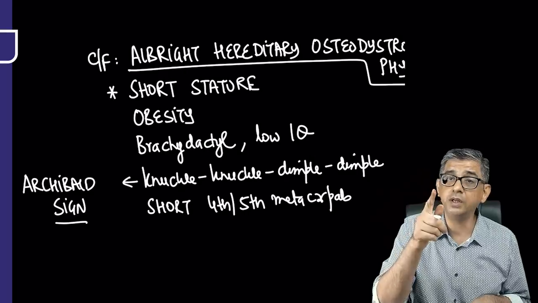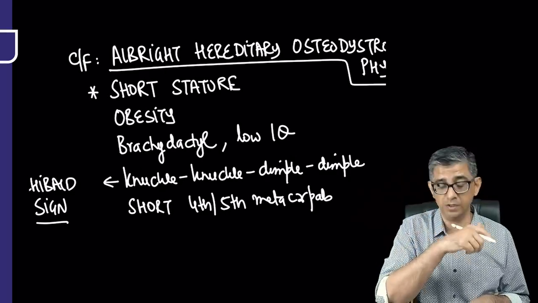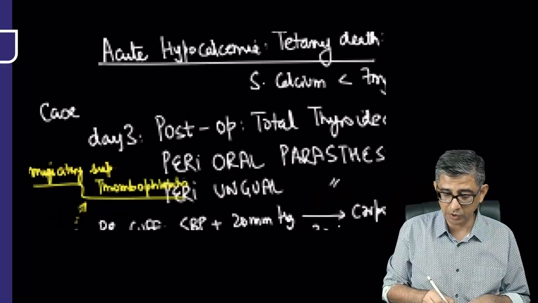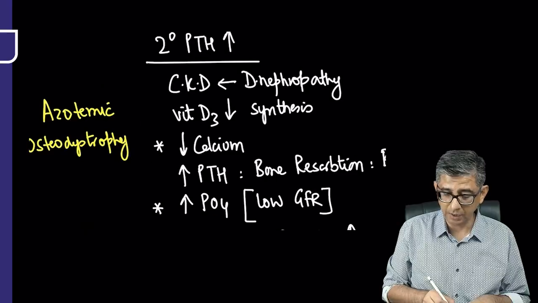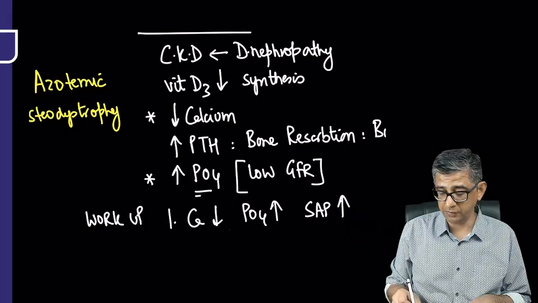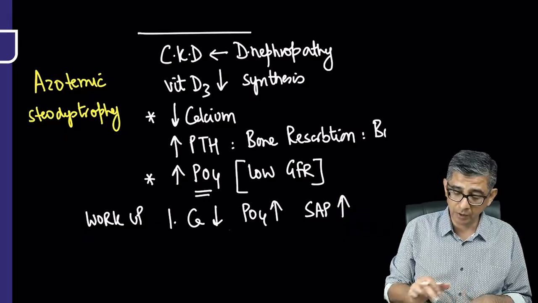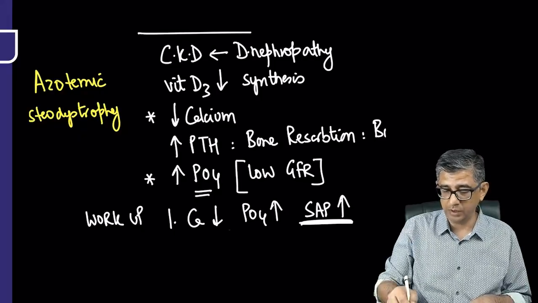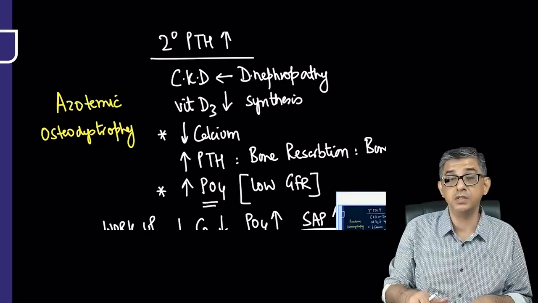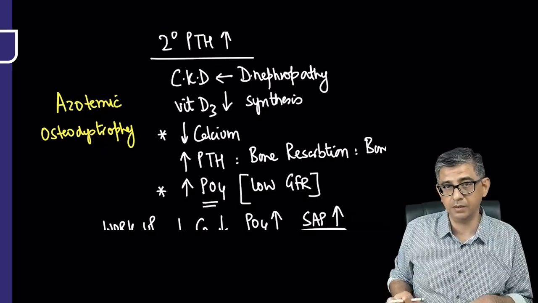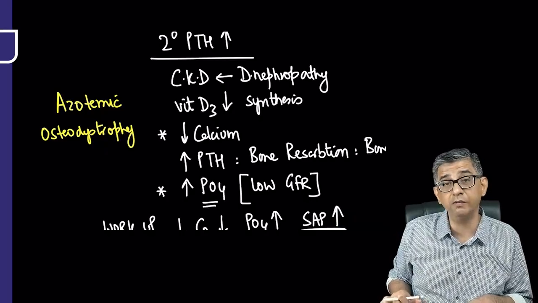But if it was CKD, I can just go back to that slide, when we were discussing a patient who has secondary hyperparathyroidism, the reason for elevation of phosphate was different. It was low GFR. And serum alkaline phosphatase in the patient was elevated. You can see secondary hyperparathyroidism: calcium is less, phosphate is more, SAP was elevated.